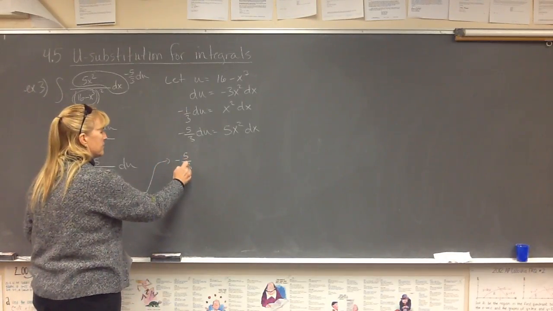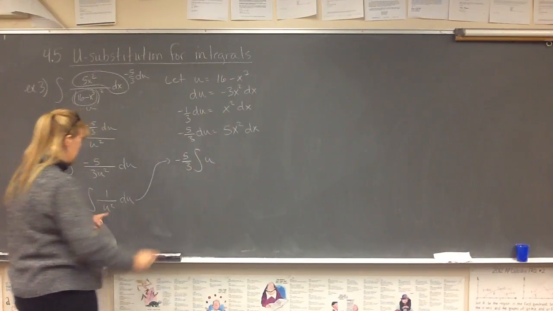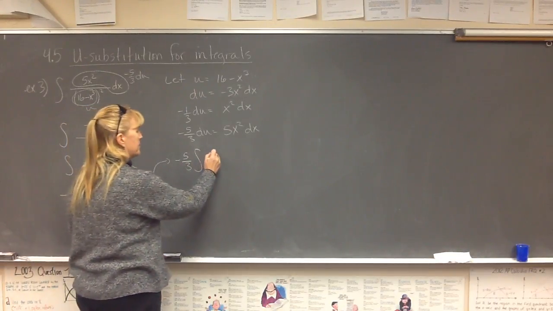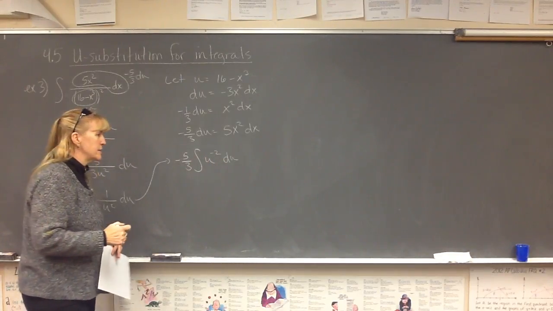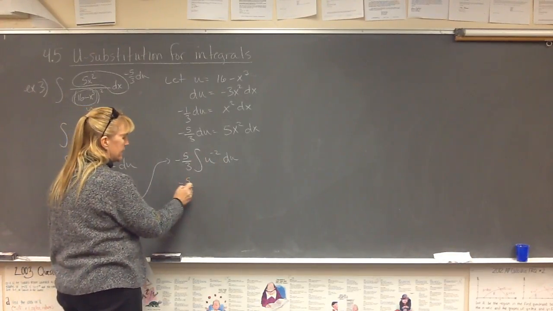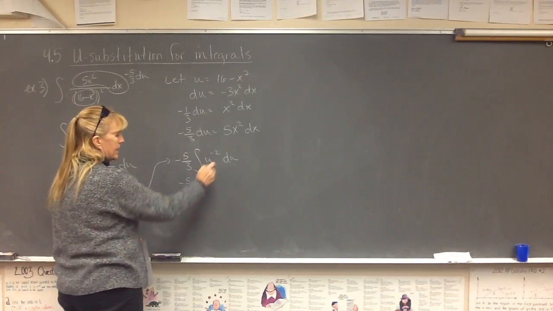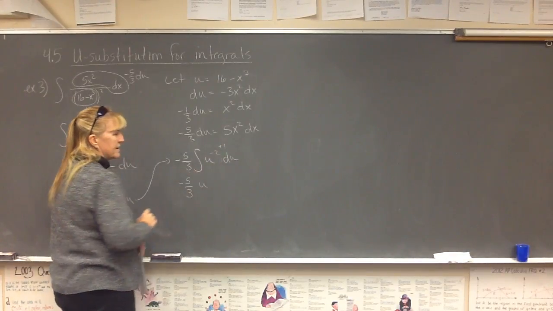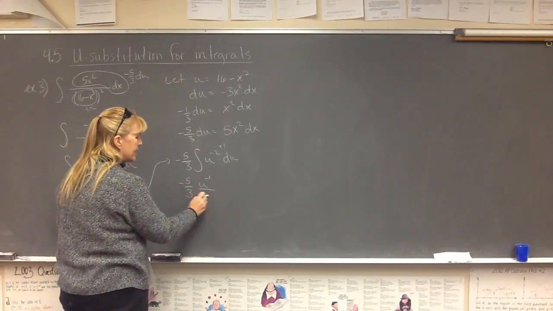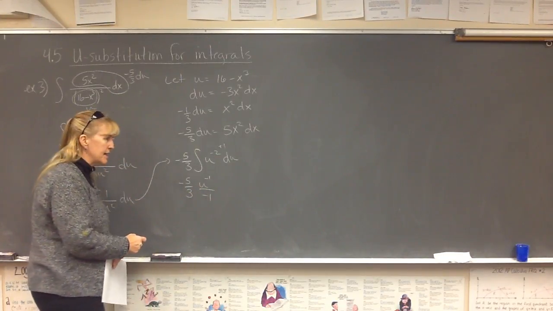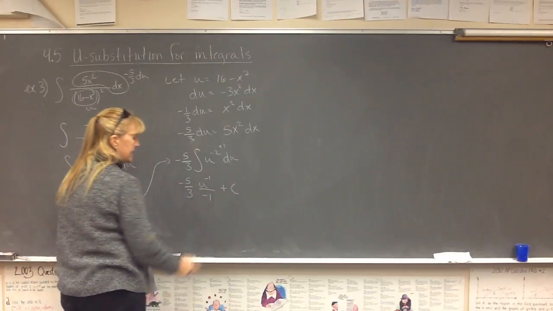Negative 5/3 times the integral of u to the negative 2 this time du. And now this becomes a simple power rule integration. I copy my coefficient and I take my u, I add 1 to the exponent. Negative 2 plus 1 gives me a negative 1 divided by that new exponent, that negative 1, plus c.